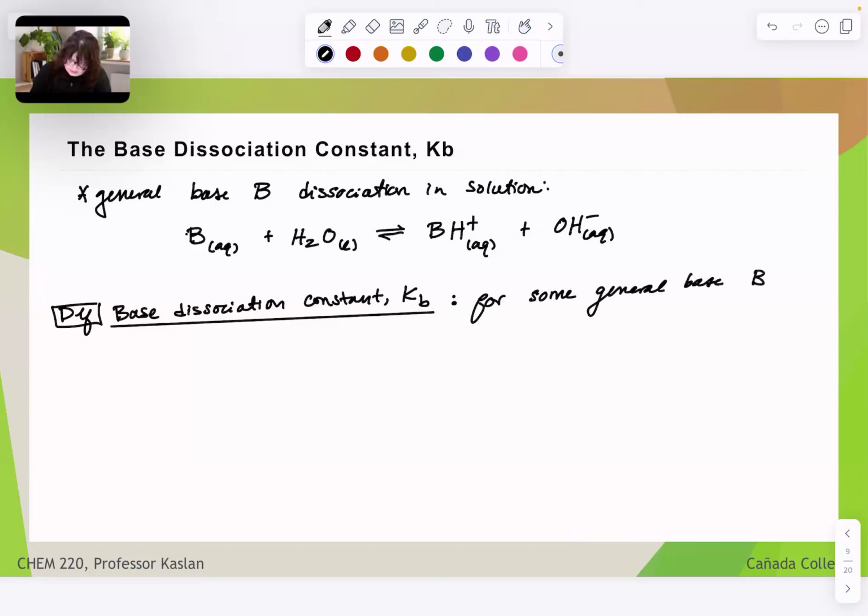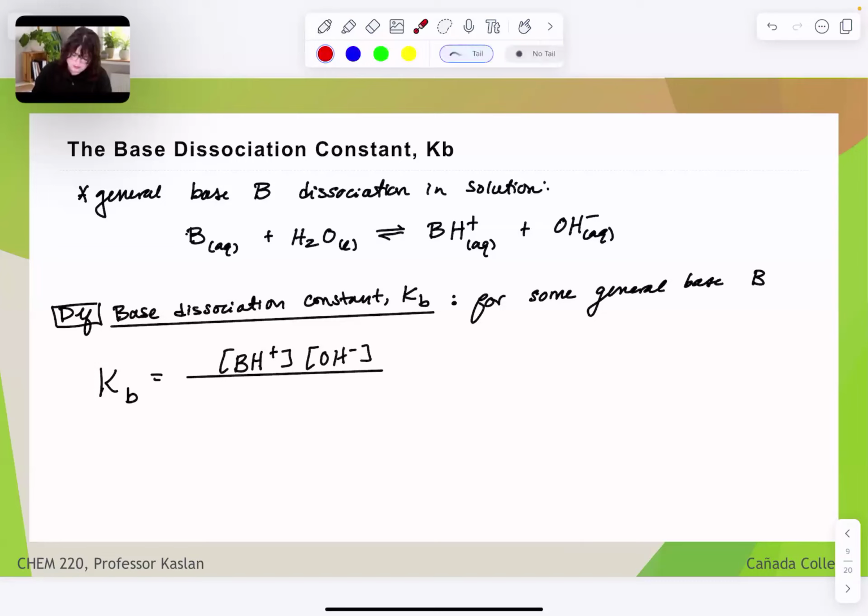For some general base B, if I were to write an equilibrium expression from this dissociation equilibrium, just like with any other equilibrium expression, this would be the concentration of my products, my dissociation products. So the concentration of BH plus times the concentration of hydroxide over the concentration of any aqueous reactants.